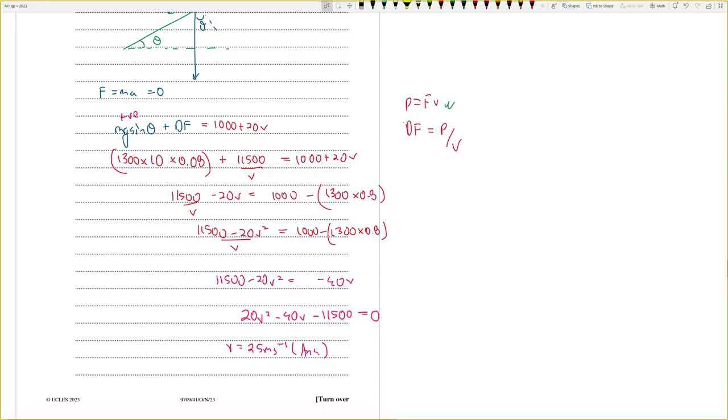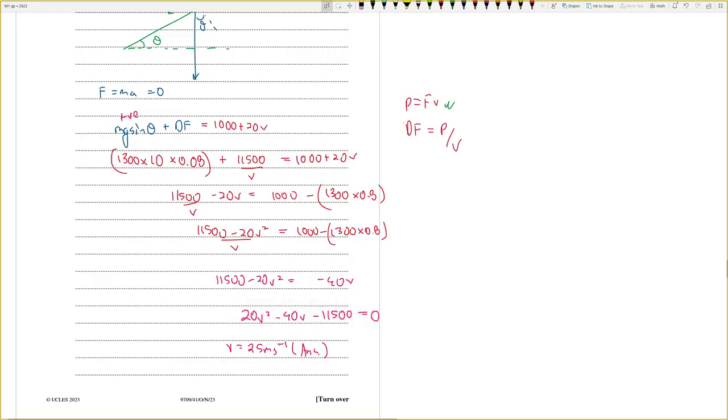And if you solve the quadratic equation, you end up with 20v square minus 40v minus 11,500 equals 0. You don't need to show the working for the quadratic equation. You can just input it in the calculator and you get a value of v equal to 25. So that's the equation.